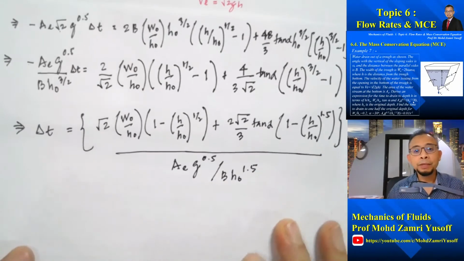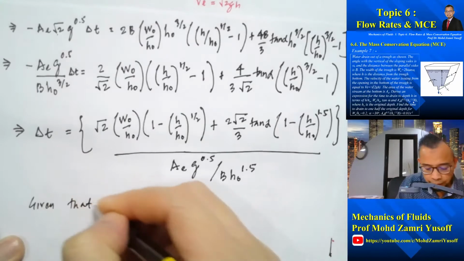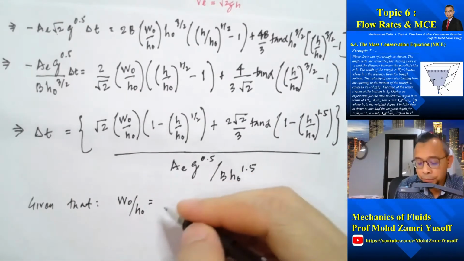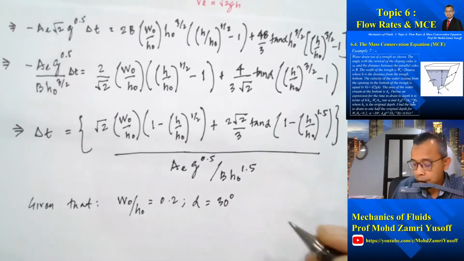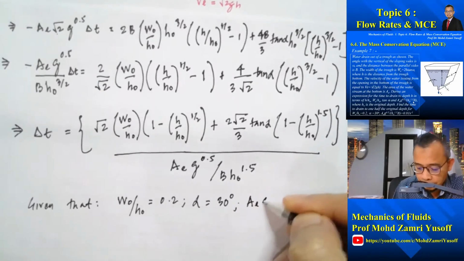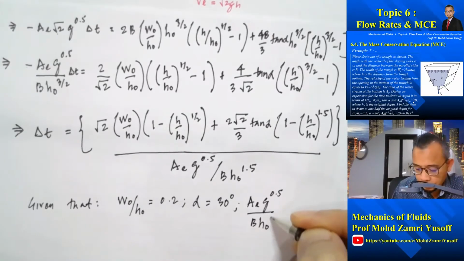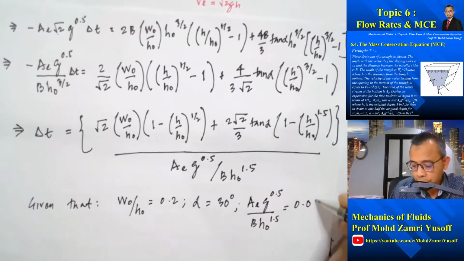Okay. So now the last part of the question is: given that W naught over H naught is equal to 0.2, alpha is equal to 30 degrees, and this term here, AE G to the power 0.5 over B H naught to the power 1.5, is equal to 0.01.